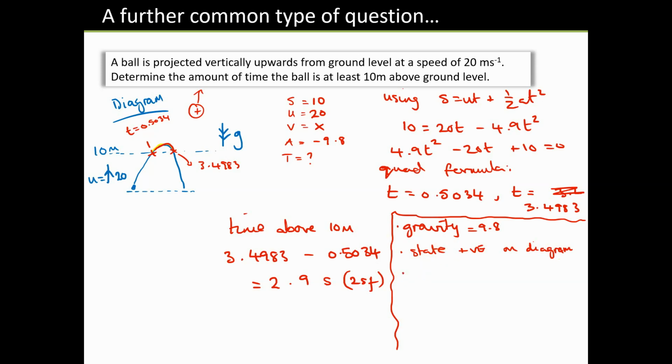If something's going down and you said positive is up, that needs to be a negative. Important thing number 3 that we saw on example 2 is that at a maximum height, the final velocity equals 0 because it has to stop to change direction.